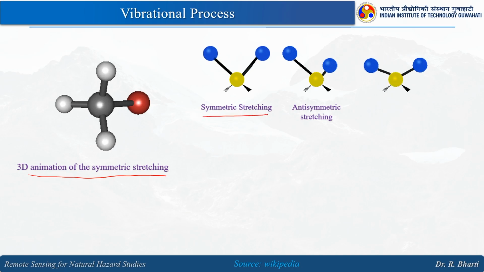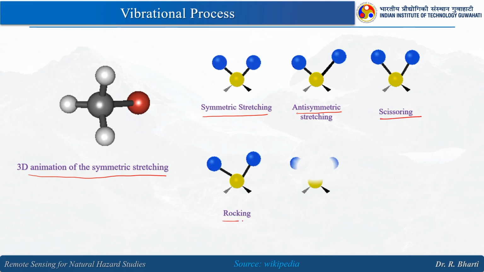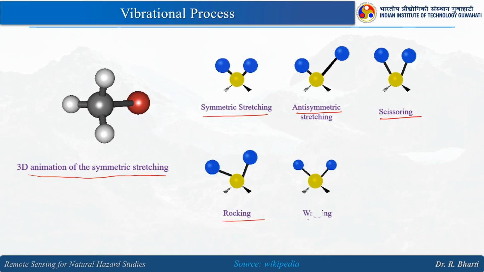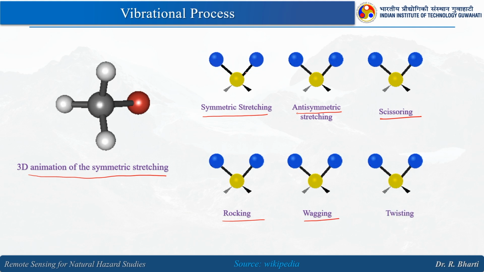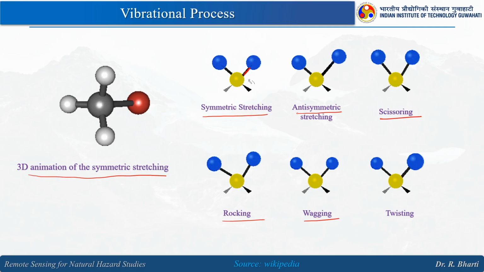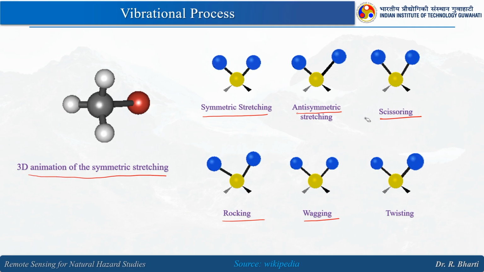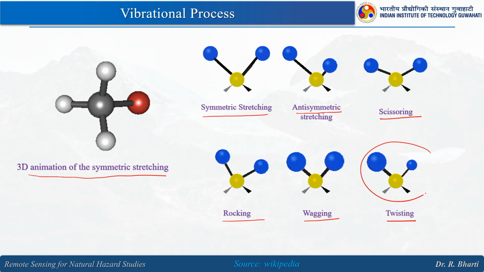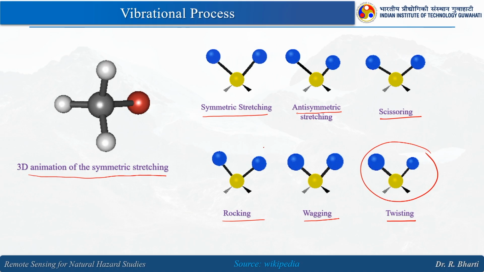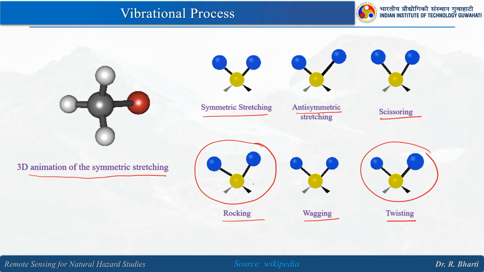This is symmetric stretching, here it is asymmetric stretching, scissoring, rocking, wagging. Here you see how they vibrate. It is like a spring, and with this spring and the masses, you see how they are behaving and vibrating. Here this is the twisting, right. Here you can see the rocking. It is very easy to understand with this animation.